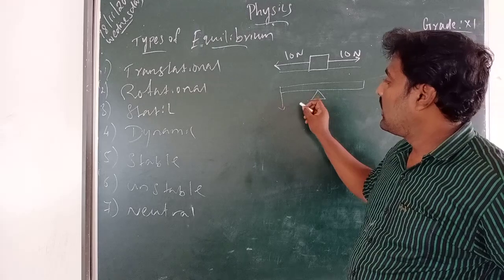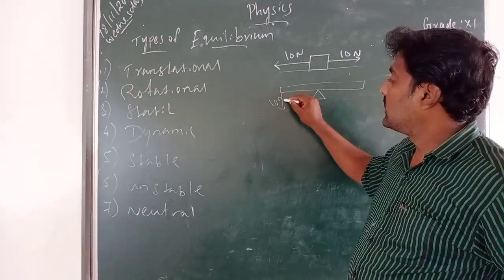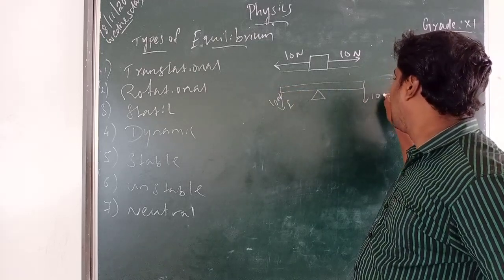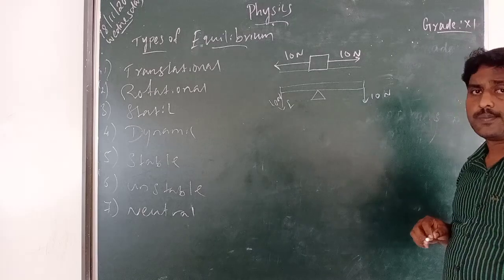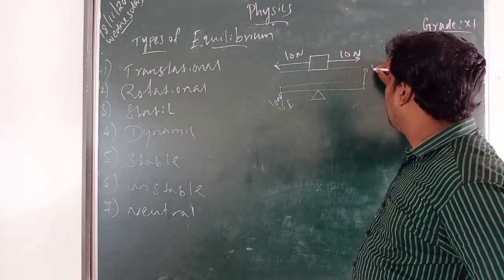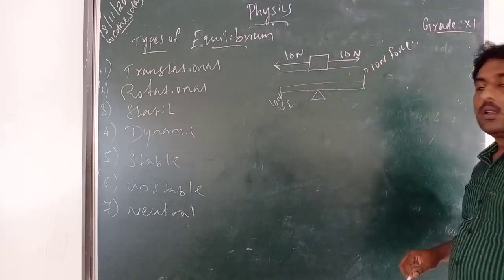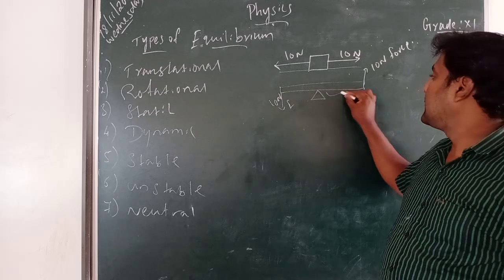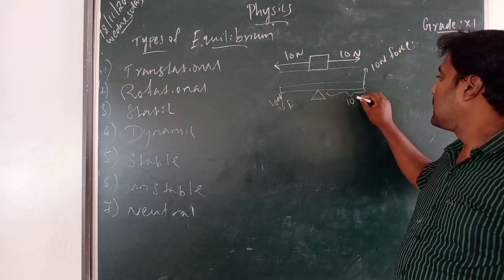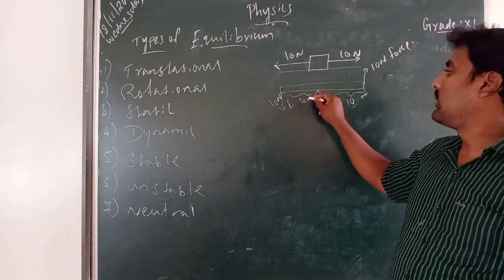Here there is a 10 Newton force, and on the other side also assume that there is a 10 Newton force. Now this distance is some 10 centimeter or 10 meter. Let us say this distance is 10 meter.